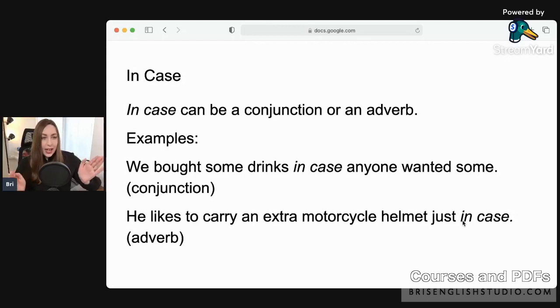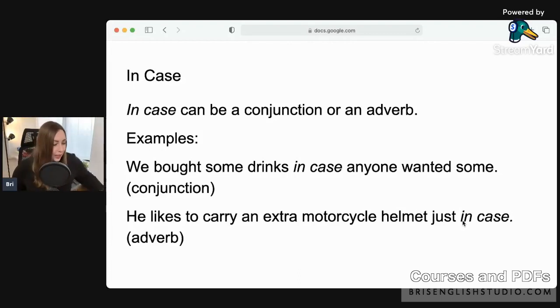He likes to carry an extra motorcycle helmet just in case someone else might want to ride. Or he likes to carry an extra helmet just in case he forgets his other one. Okay, so when it comes at the end like that, sometimes we're cutting part of the sentence.